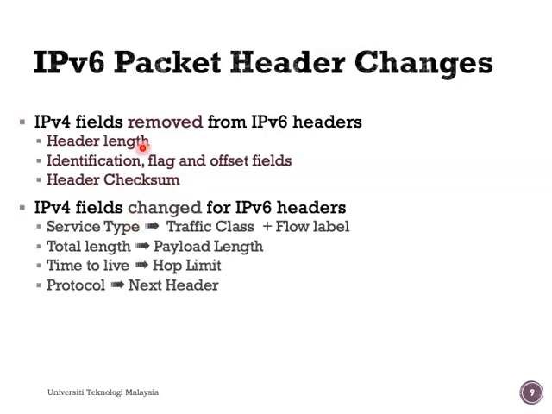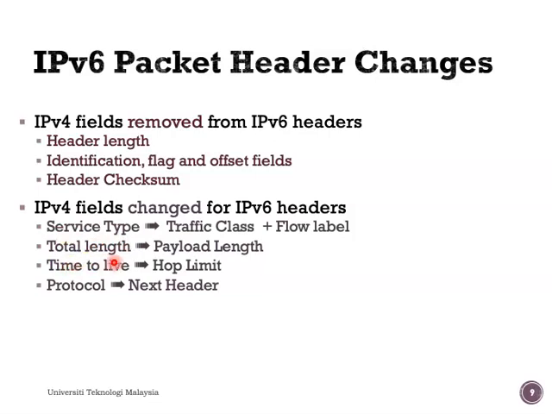Some of the fields change from IPv4 to IPv6. For example, the service type field in IPv4 has changed to traffic class plus flow label. Traffic class and flow label work together to take over the function of the service type field in IPv4.